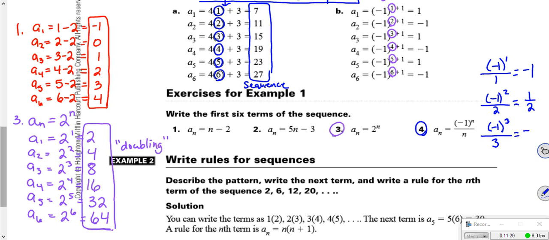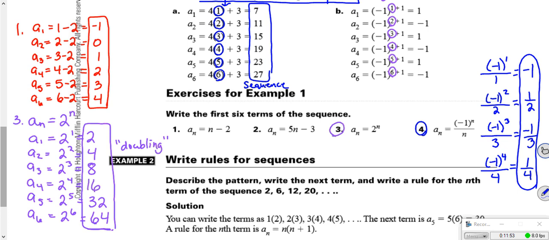This would give me -1/3. If I did -1 to the 4th over 4, I would get +1/4. So I just did these to 4, not 6. But notice that my numerator is always going to stay a 1. My denominator is going to increase by 1 because that's your index number, your n. And my signs are going to alternate because I've got a -1 as the base.